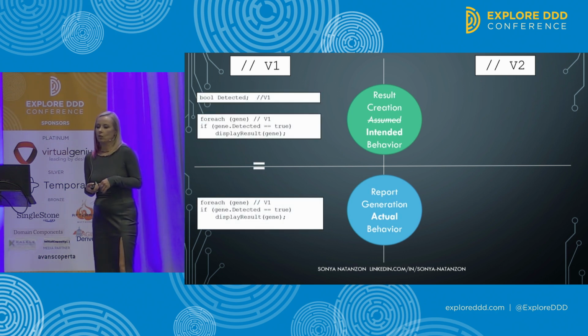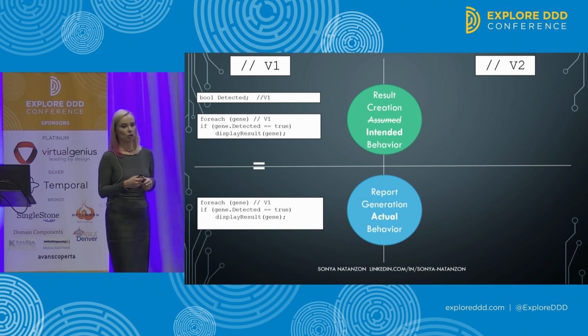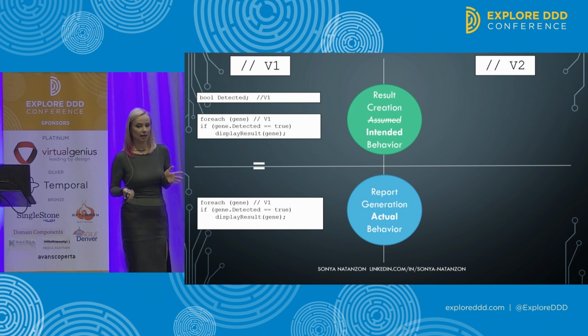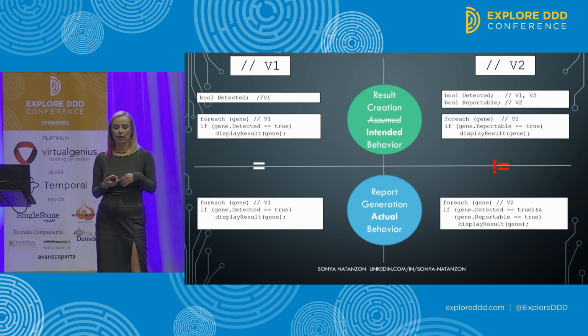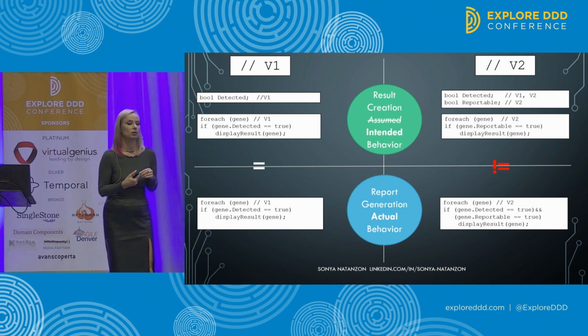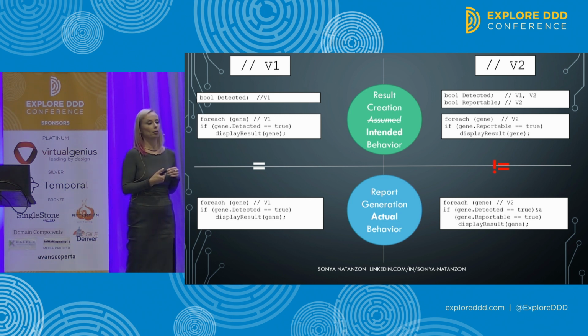So for V1, the result creation domain intended the report generation domain to use detected. It does, so we have parity. For V2, however, the result creation domain really intended it to only use reportable. But the report generation domain is using a combination of detected and reportable to find V2 mutations.